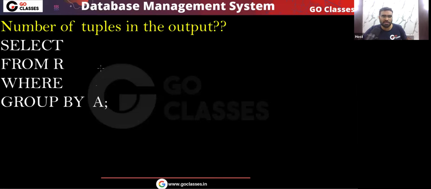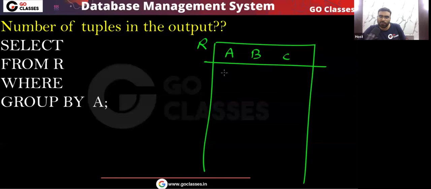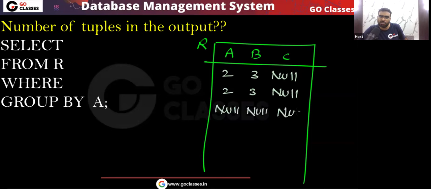Let me tell you some more questions. Let me take the number of tuples in the output. Now I will take the null values as well, because I want to tell all the variations. I'm giving you a table with three attributes A, B, C. For example, let's assume 2, 3, null; 2, 3, null; null, null, null; and then 2, 3, 4; 2, 4, 3; 3, 4, 2; or maybe 3, 4, 1.